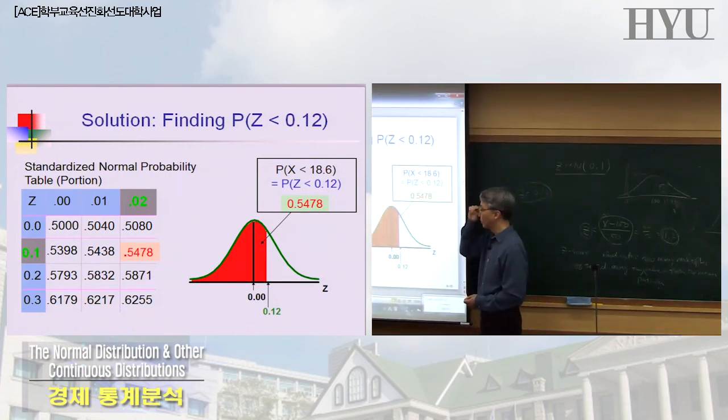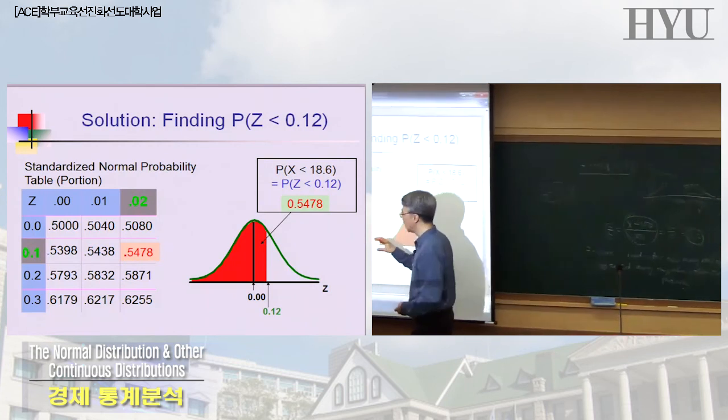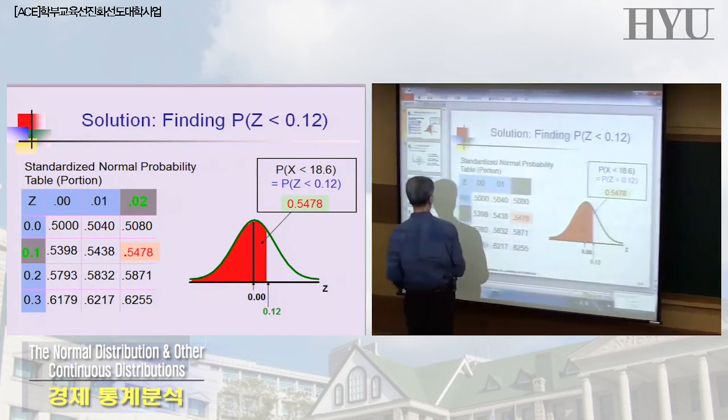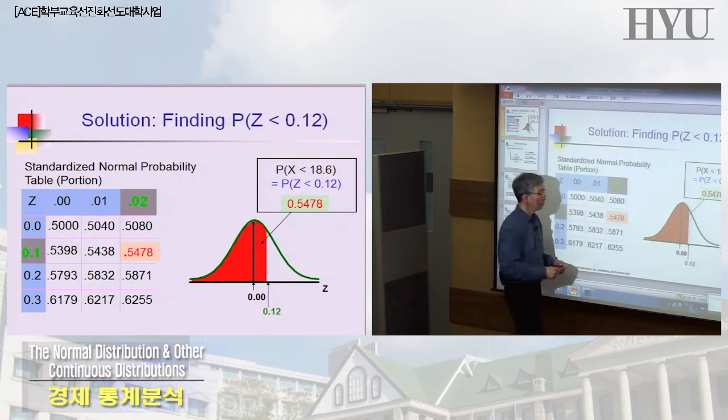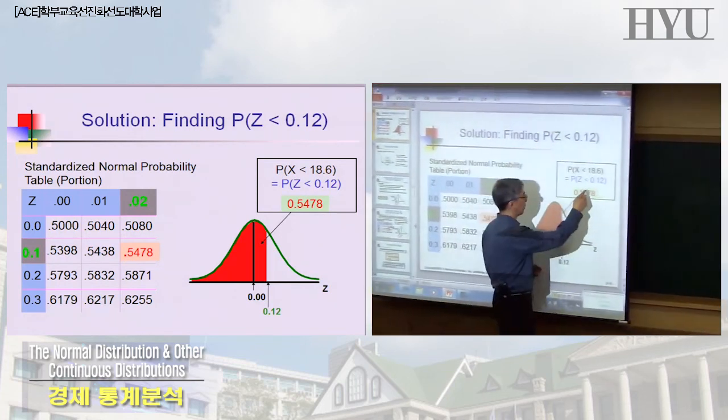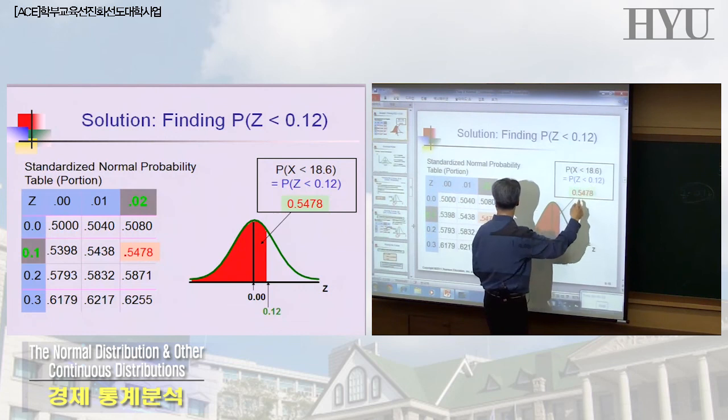Using this z table, on the first column you look at the first digit above the decimal point.